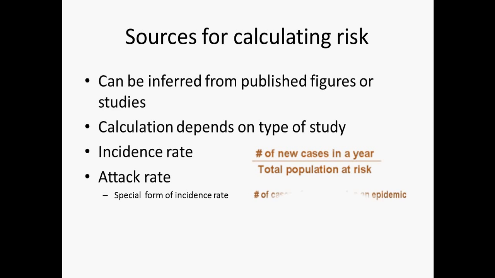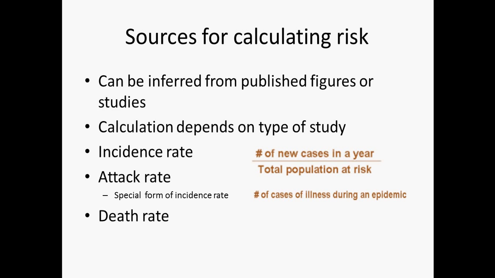When we talk about attack rate, we look at the number of cases of illness which occur during an epidemic. For example, if 100 people ate at a restaurant and 20 of them fell sick, 20 over 100, whatever per 100 or per 1,000 population, would give you the attack rate of that outbreak or that epidemic. So we need to remember that attack rate is a special form of incidence rate.